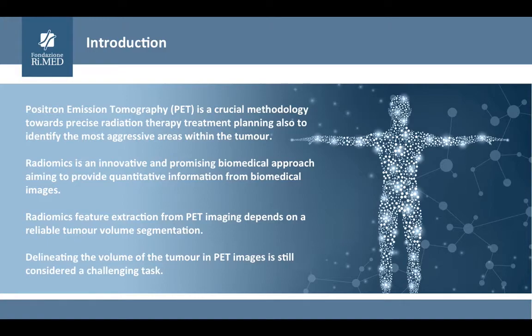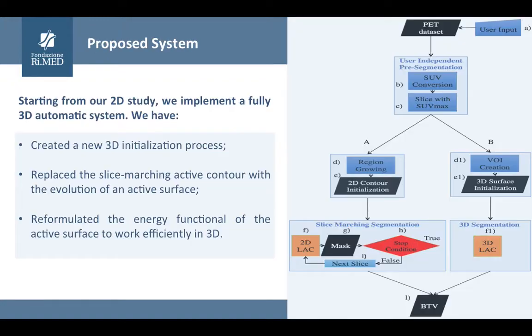In our recent study, we devised an algorithm for semi-automatic tumor segmentation that becomes fully automatic in the case of brain lesions. The present system inherits several features from the system described in our previous work.